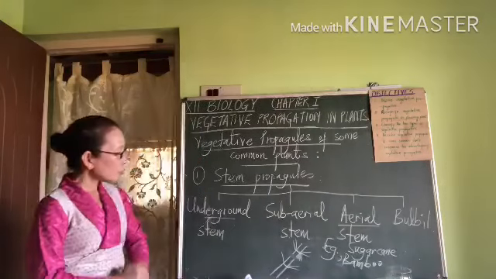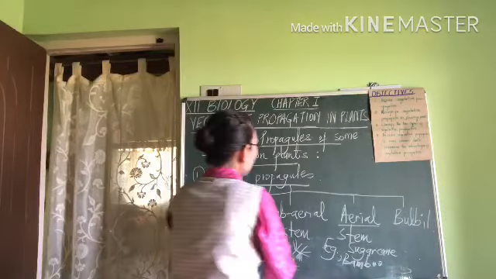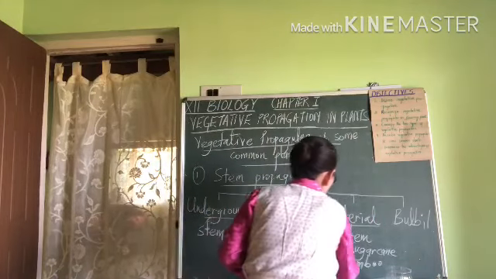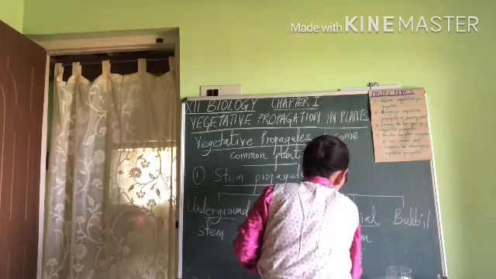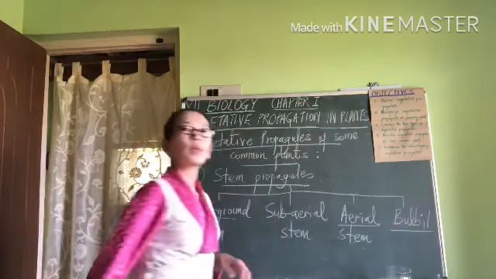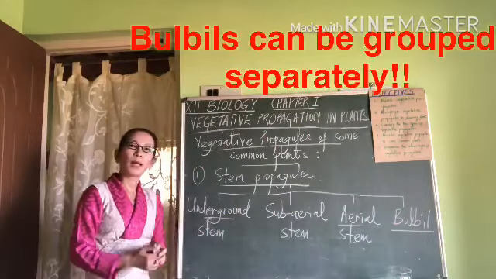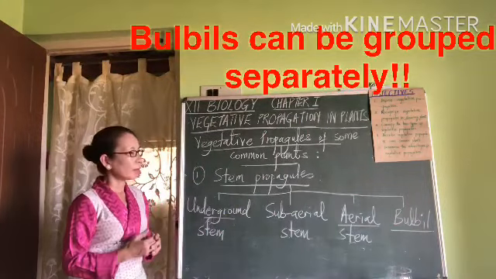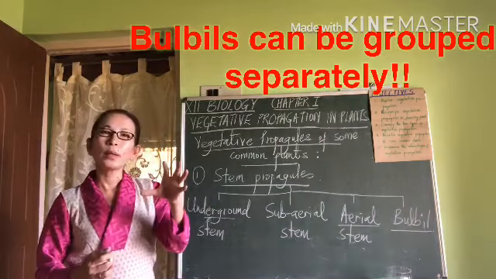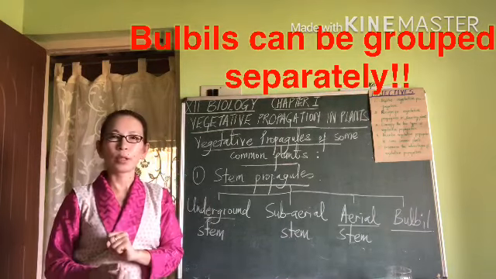All right. Finally, for the understanding of vegetative propagules as a stem, we have bulbils. Now, what do we mean by bulbil? A bulbil, in a simple sense, means a small, tiny bulb-like structure.